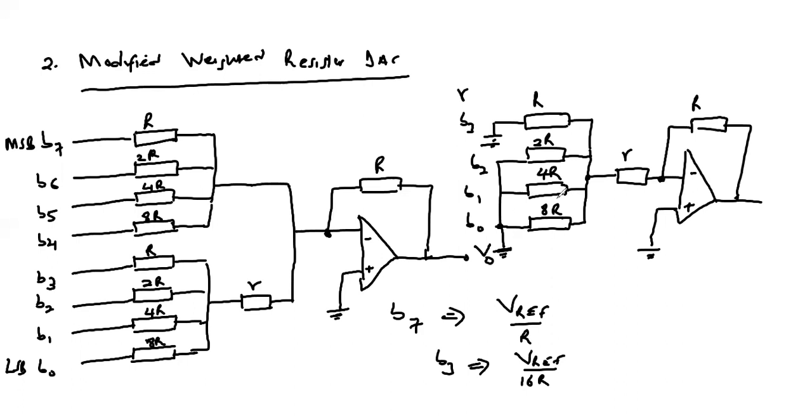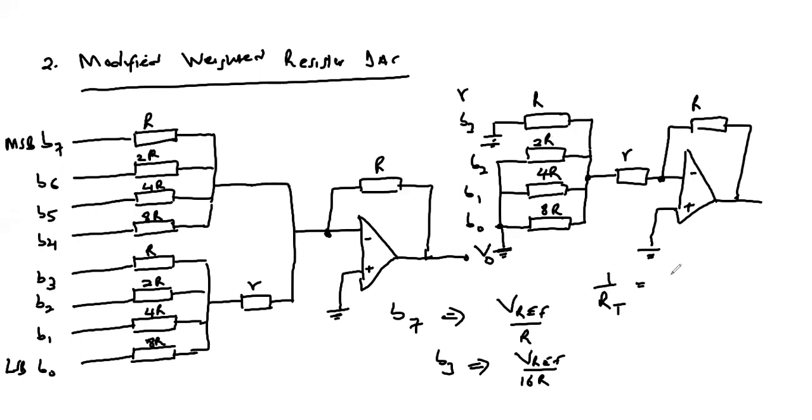So we can also consider the parallel combination of 2R to 8R in parallel with resistor small r, because they share this point and their other ends are also grounded, which means in terms of potential these 2 points are the same.